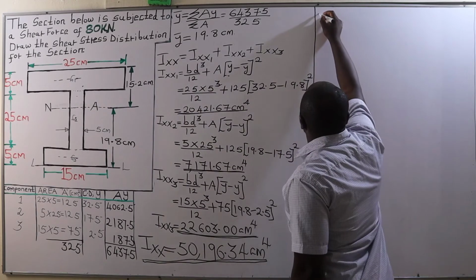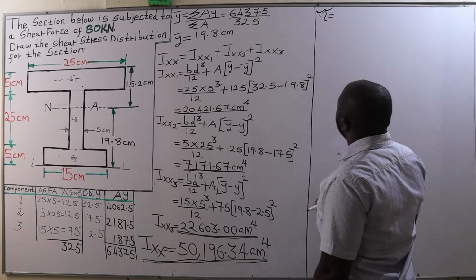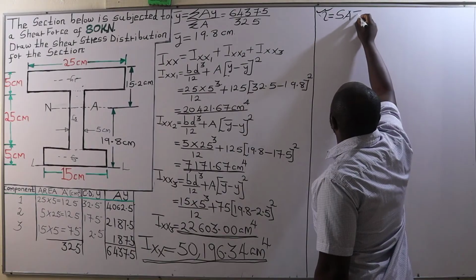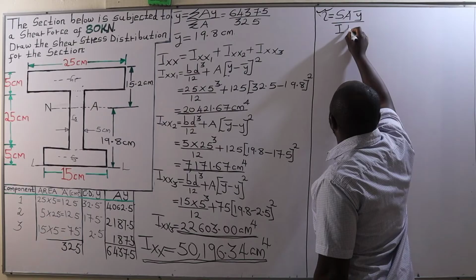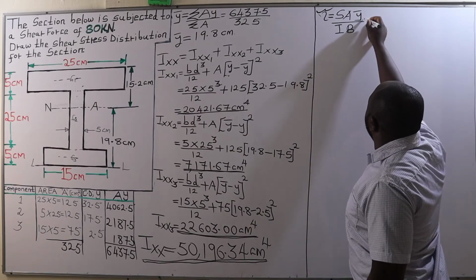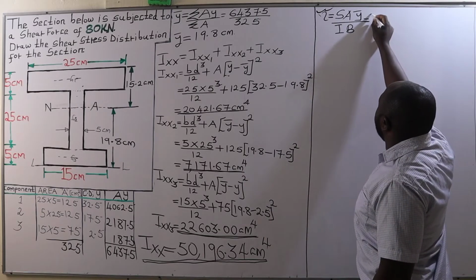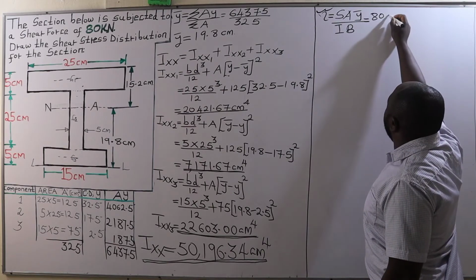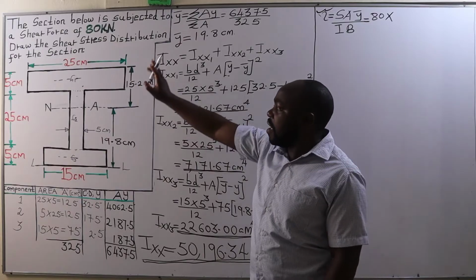And that's going to be shear stress will be equal to S A bar y divided by I B, where S is the shear force, 80 kilonewtons, multiplied by the area of the top flange.